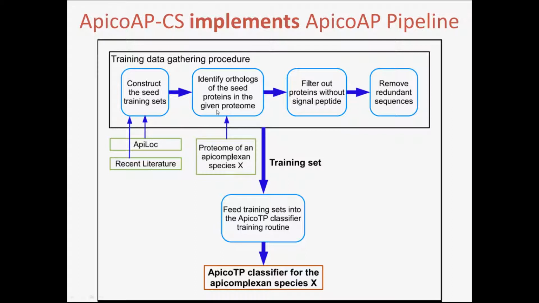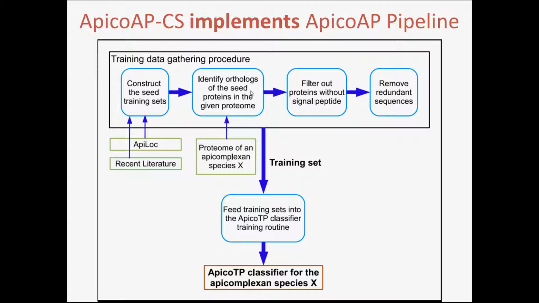ApicoAP model requires a training set to include proteins from a single species of apicomplexa. Since there may not be enough experimentally confirmed protein localizations available for a single species, this pipeline suggests performing an ortholog search in the protein set or the proteome of the species to identify proteins that are orthologous to one of the seed set members.